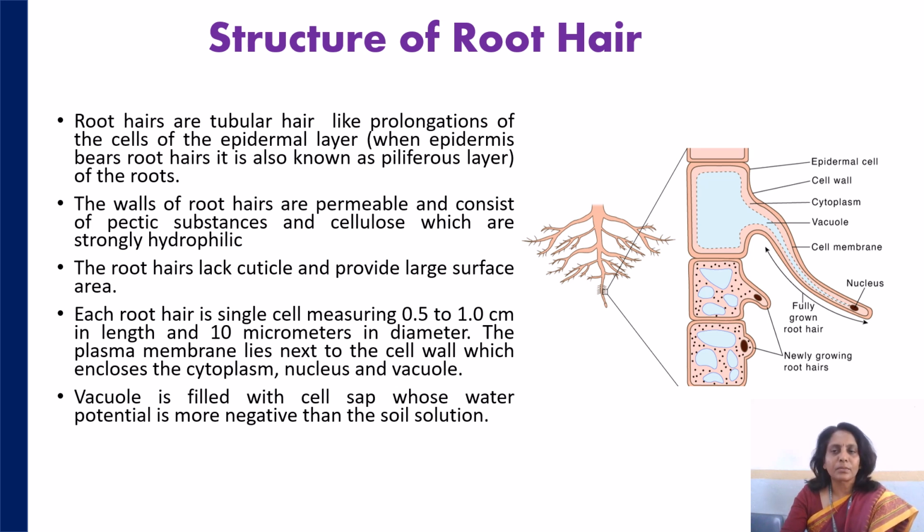The cytoplasm of the epidermis of the root is extended into the cytoplasm of the root hair. Inside the cytoplasm is also seen a well-defined nucleus and a vacuole. The vacuole is filled with cell sap, whose water potential is found to be more negative than the soil solution.